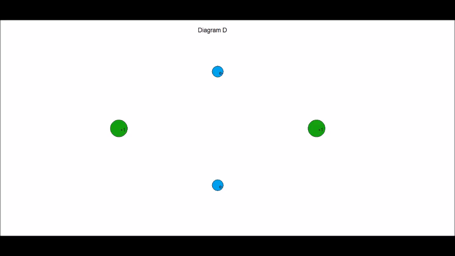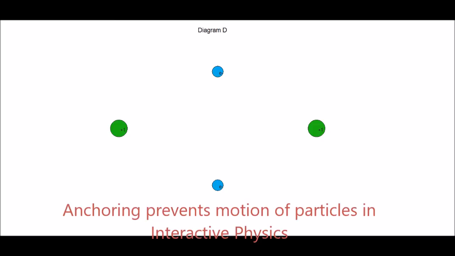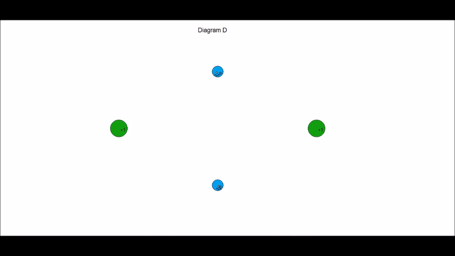Let's see what happens if I anchor the electrons. Okay, the electrons can't move now. Let's see what happens. Attraction, repulsion, attraction, repulsion.